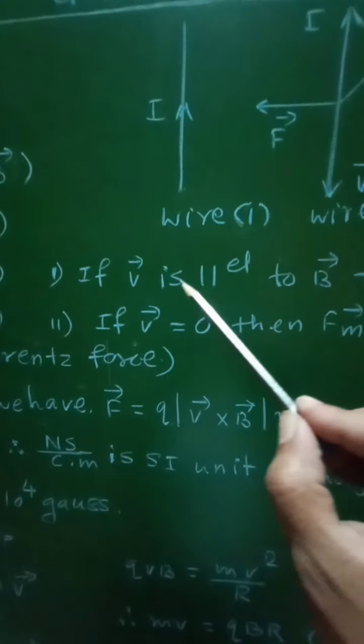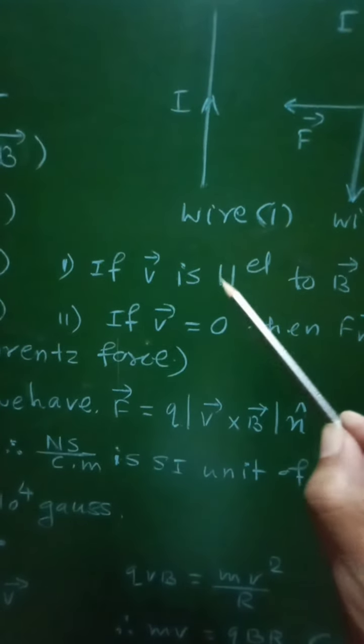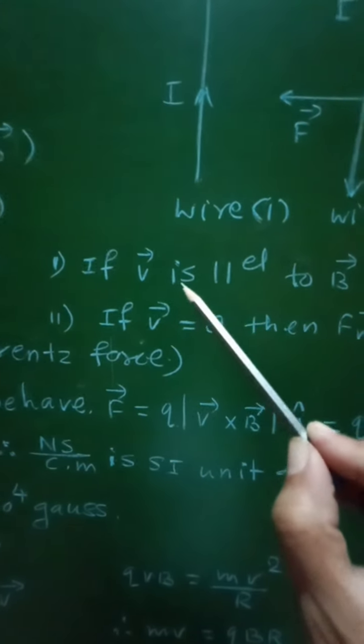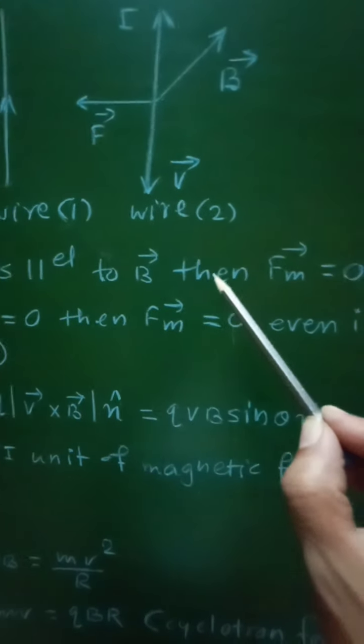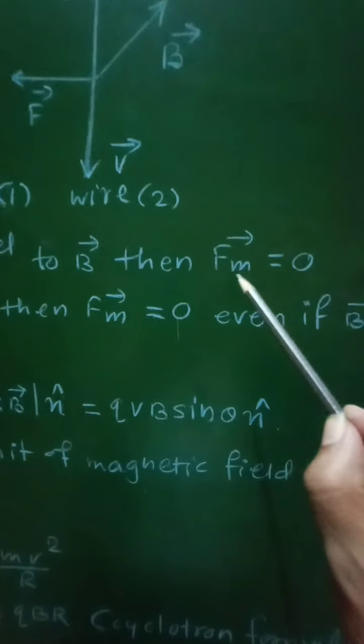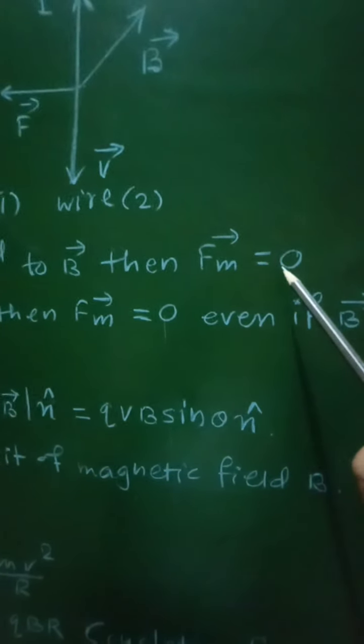In the first case, if the velocity of the charged particle v is parallel to the direction of magnetic field B, then the magnetic force acting on that charge will be equal to 0.